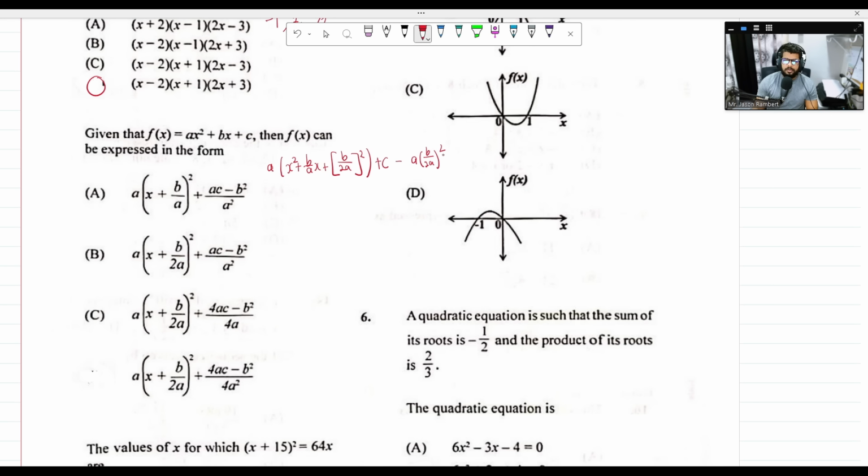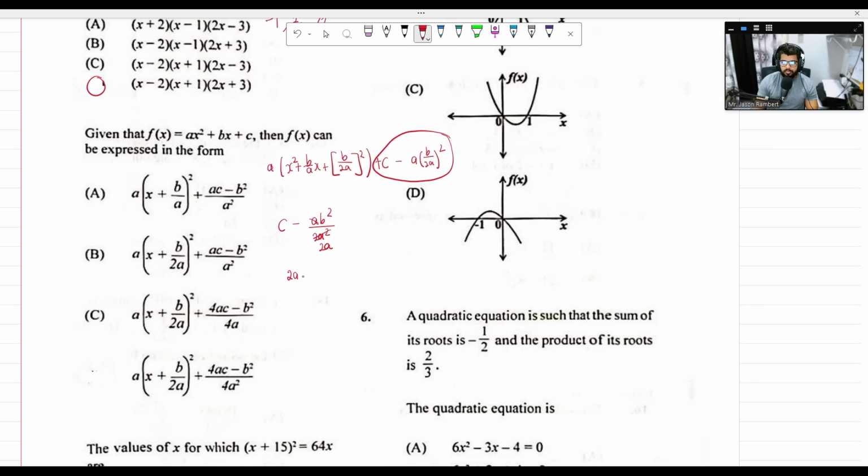So I'm just going to figure out how this is going to be simplified and see which one of the answers corresponds to the simplification. C minus ab squared over 4a squared. Well, the a and the a squared could cancel, and again 4a underneath here. Let me calculate the LCM.